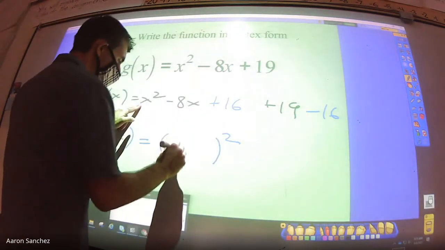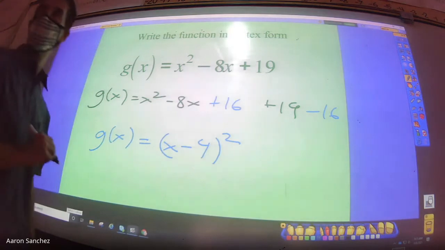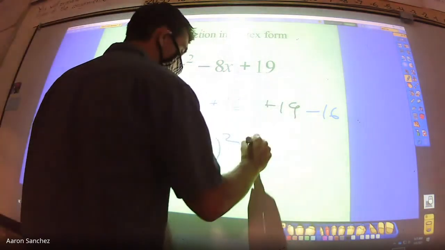Okay, square root of x squared is x. Square root of 16, 4. Put a minus in the center. And then 19 minus 16.